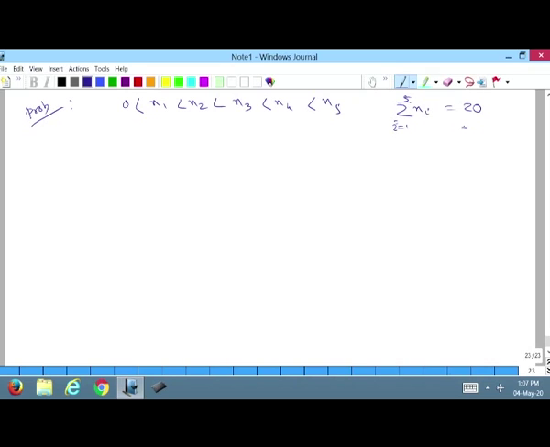In how many ways can you get it? Therefore, we start as follows. In order to maintain that these are all distinct, we do the following.